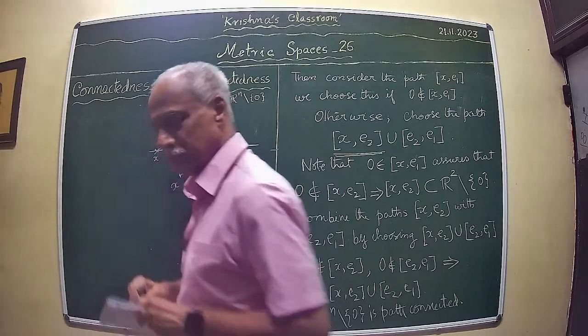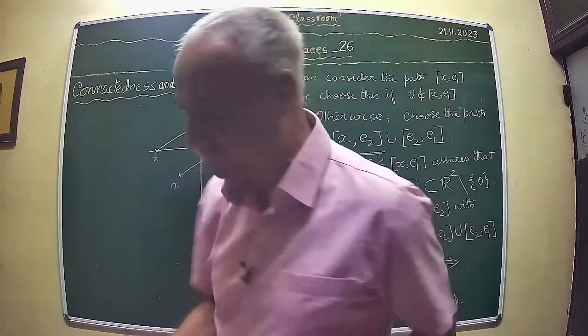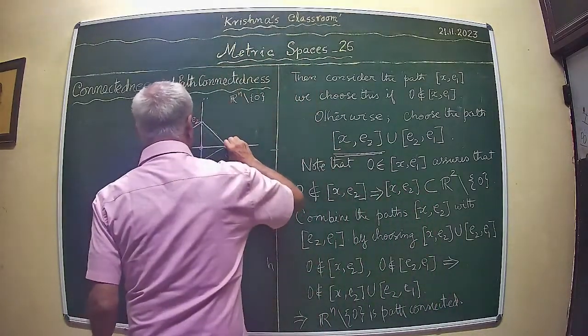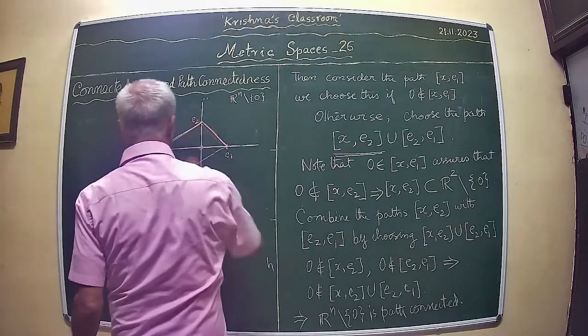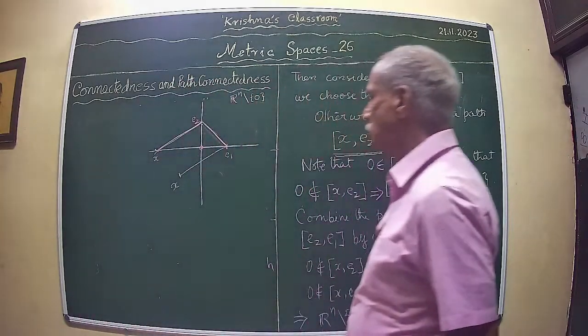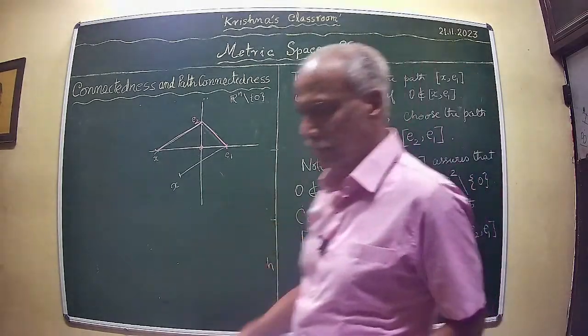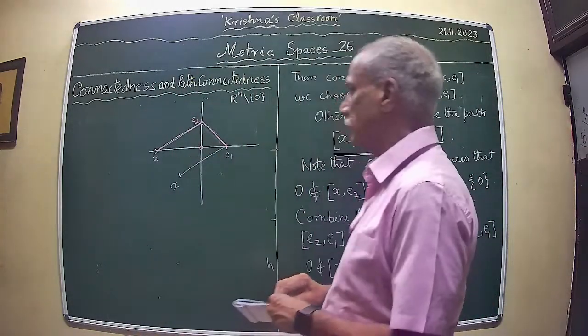So the other path that you have is given by this one. Go like this, and this is the path. Okay, so that completes the proof of the theorem.